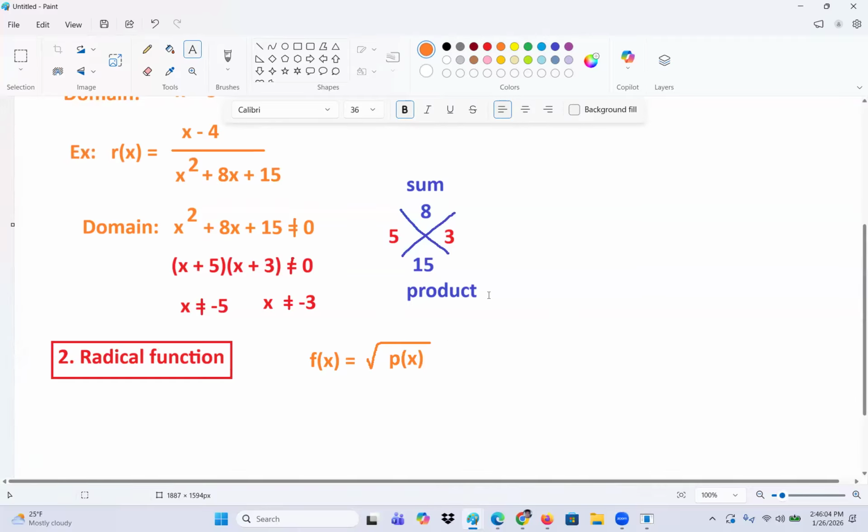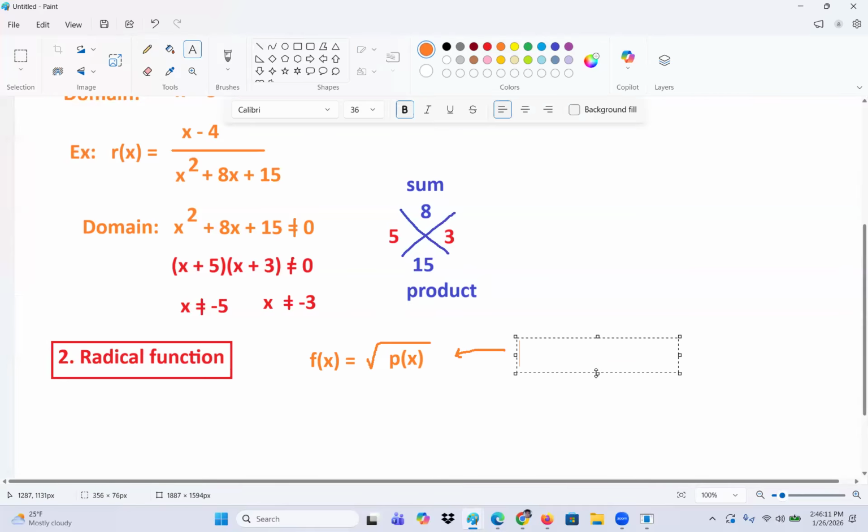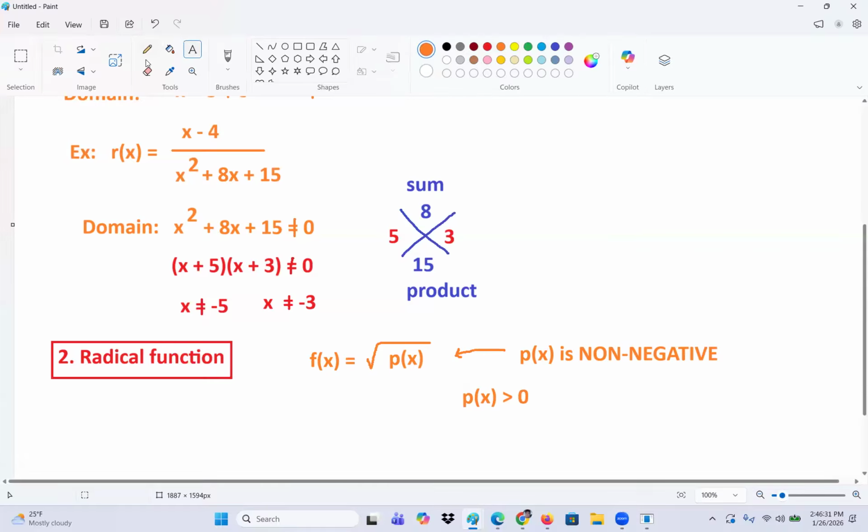Whatever is inside of the root cannot be negative. So p of x is not negative, meaning that we need to make sure that p of x has to be greater than or equal to 0. So that's the domain of the function.